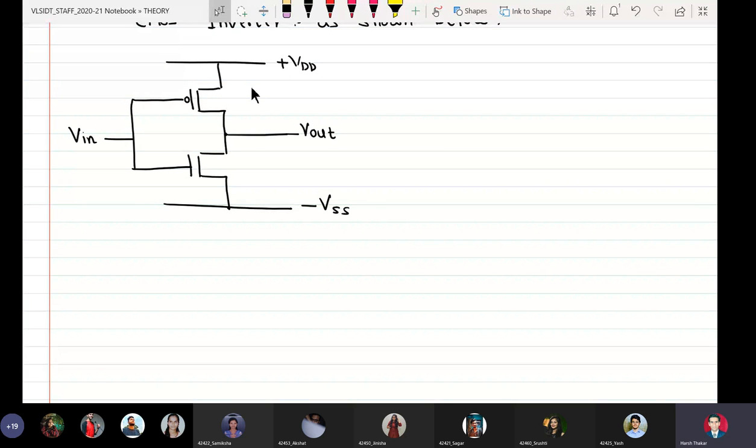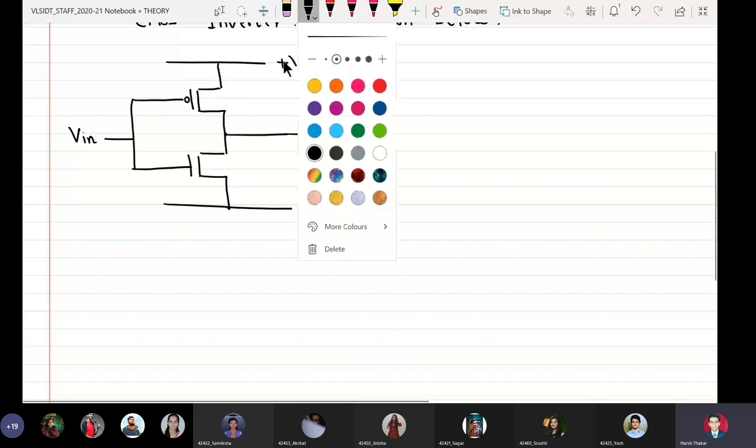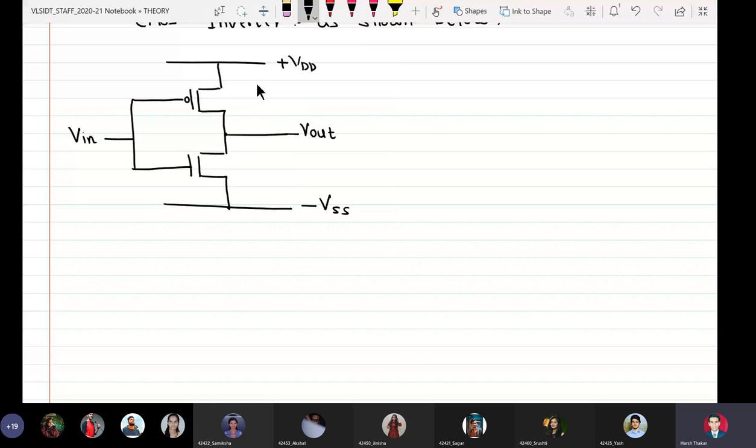So here we know the size of PMOS is given as small p equal to width of PMOS upon width of NMOS, which must be equal to 2.5 times n, and we know that small n is the size of NMOS, Wn by Ln, which we said should be 1.5.